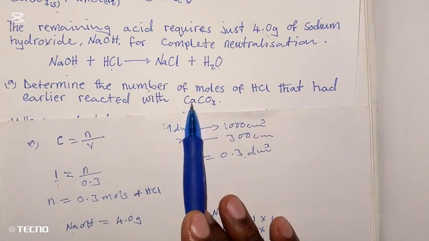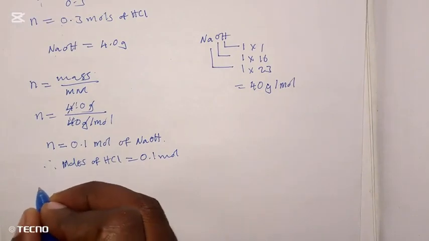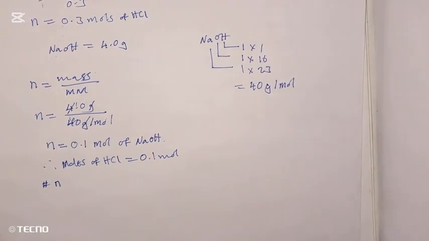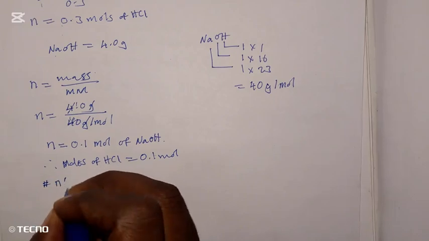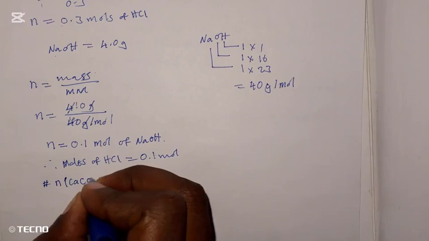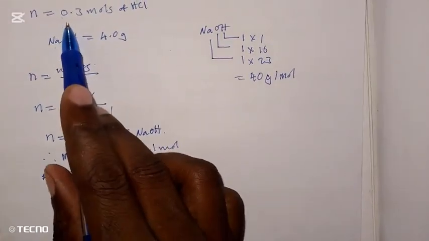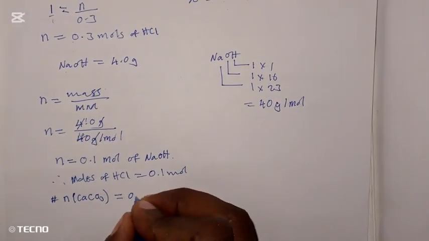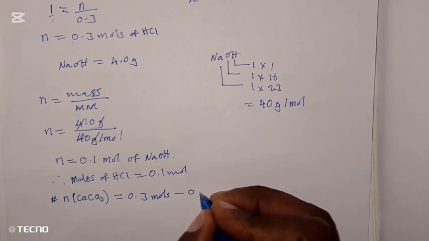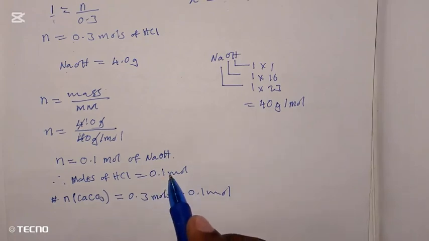So the number of moles, n, that reacted earlier with calcium carbonate, we'll write the first, which is 0.3 moles minus 0.1 mole.